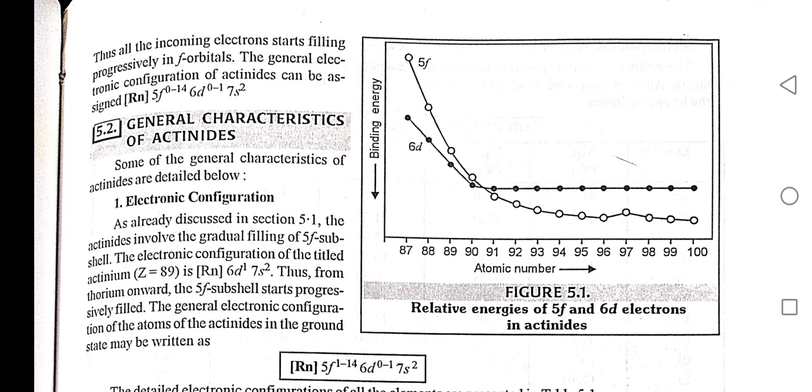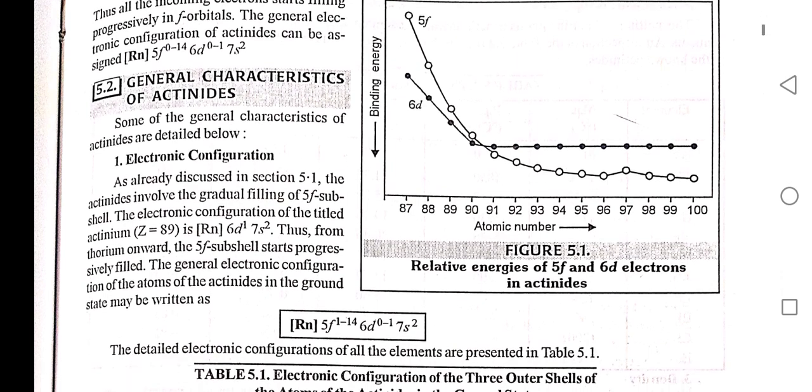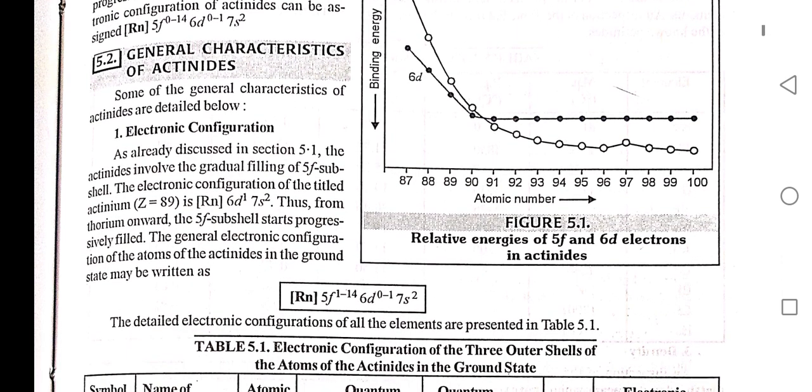General characteristics of actinides. Some general characteristics of actinides are detailed below. First is electronic configuration. As already discussed in section 5.1, the actinides involve the gradual filling of 5f subshells. The electronic configuration of the first actinide, actinium, atomic number 89, is Rn 6d1 7s2.